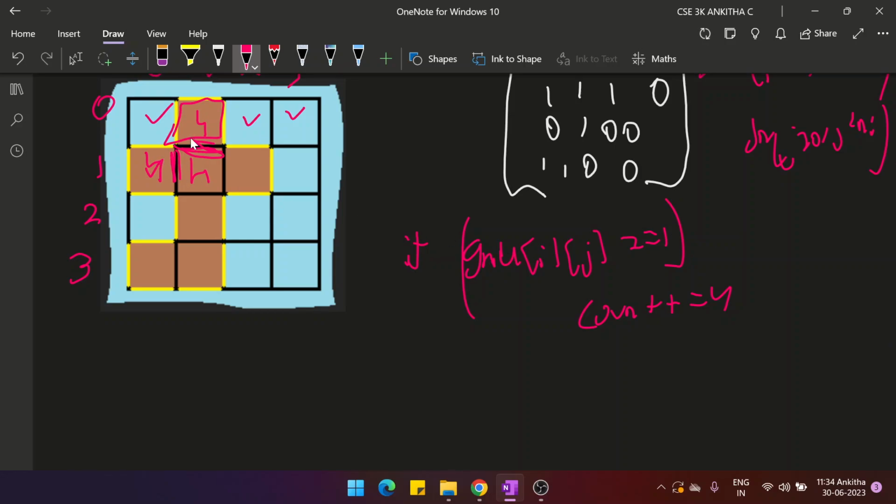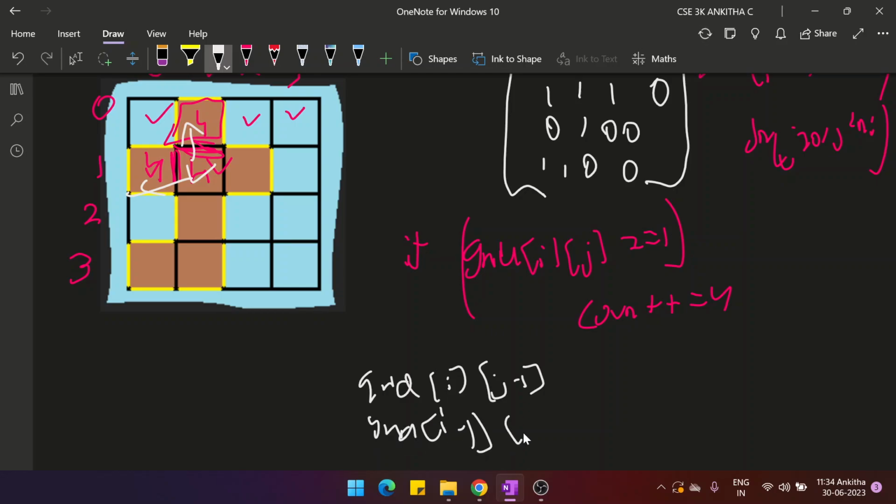Next we check whether the column present to the left of the given cell and the row present above it are representing land, that is 1. The column to the left means j minus 1, so grid of i comma j minus 1, and the row one row back, grid of i minus 1 comma j, if it is equal to 1.